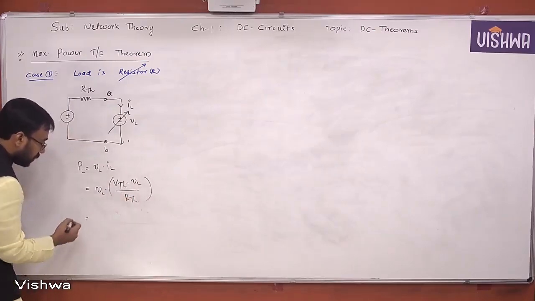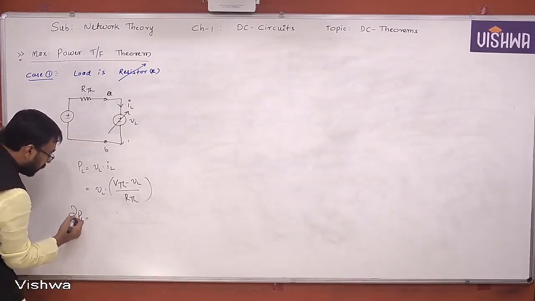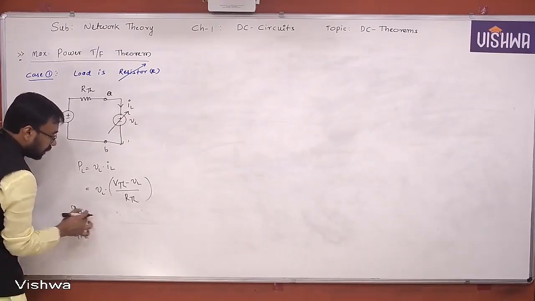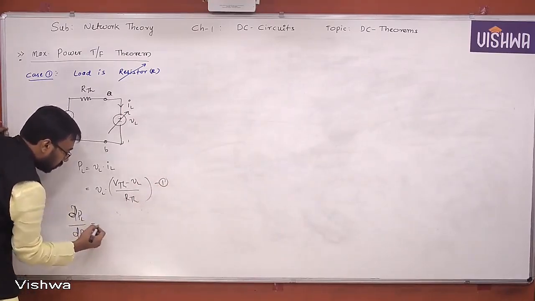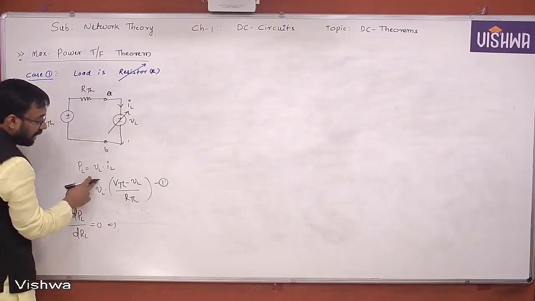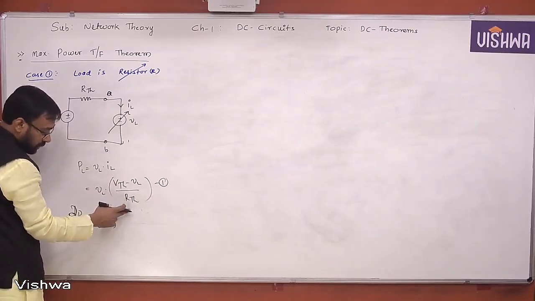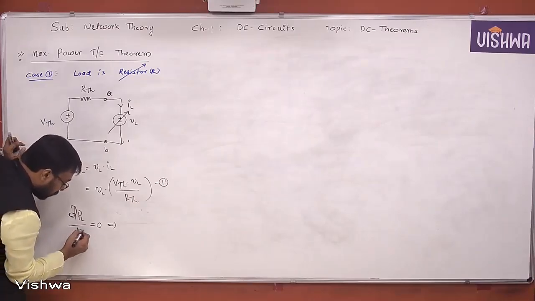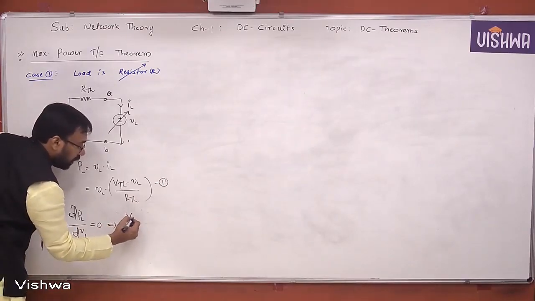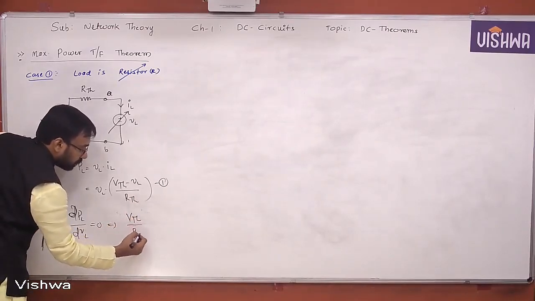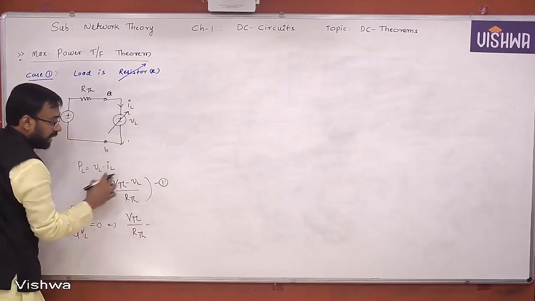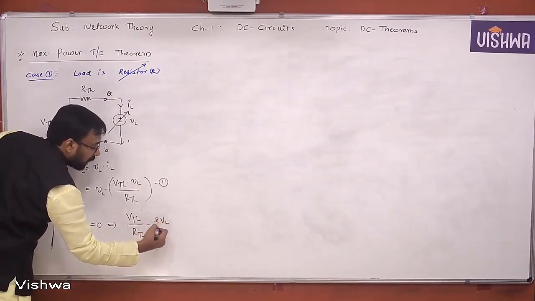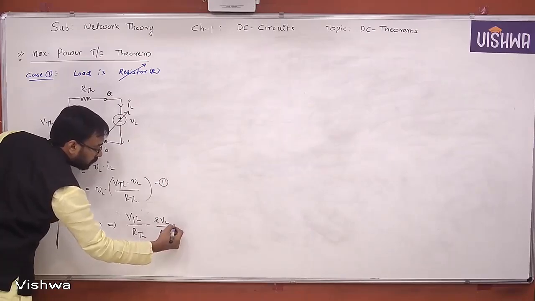That's it. So now let us take dPL by dVL, this is the first equation, equal to 0. What will happen? VL into VTH by RTH. Okay, I'm sorry, this is VL, right? The variable is nothing but VL. Now differentiating with respect to VL, you get VTH by RTH minus 2VL by RTH is equal to 0.